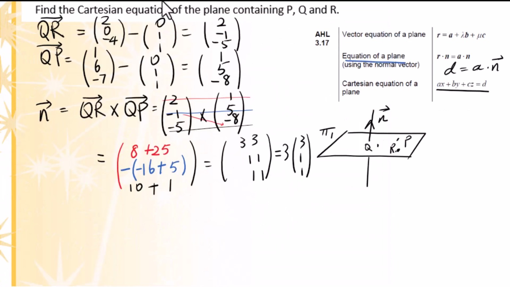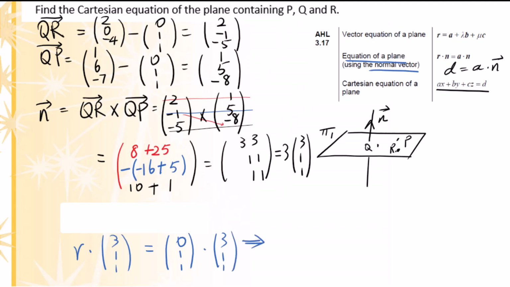The equation of a plane using normal vector: R dot (3, 1, 1) equals A dot (3, 1, 1), where A is a position vector. You can use any of PQR. Since Q is an easy one, I will use Q, (0, 1, 1) dot (3, 1, 1).